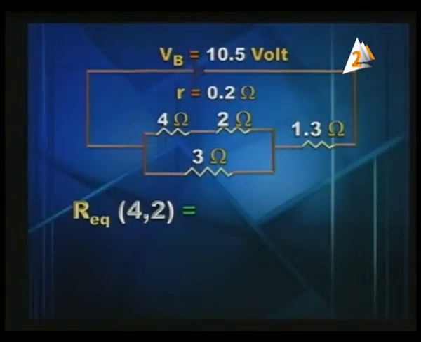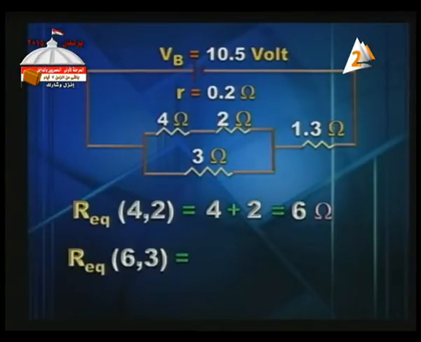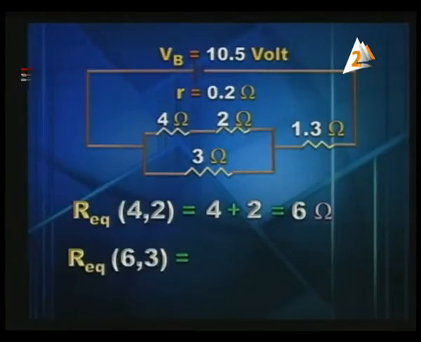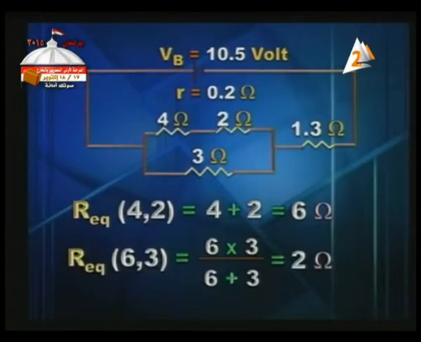R equivalent of 4 and 2, connected in series, is 4 plus 2, it is 6 ohm. R equivalent of the 6 ohm branch, which is connected to 3 ohm in parallel, product over the sum, so 6 times 3 over 6 plus 3, it is 2 ohms.